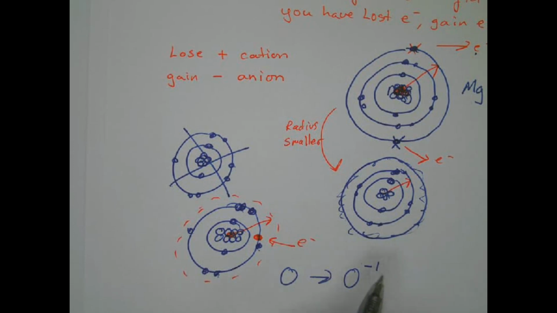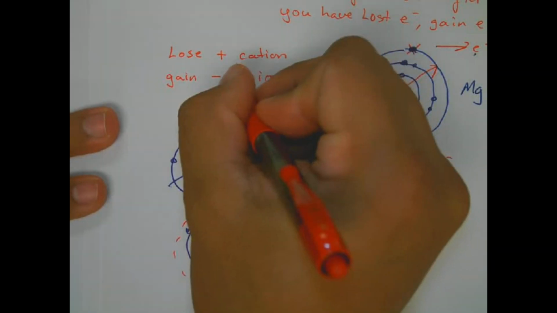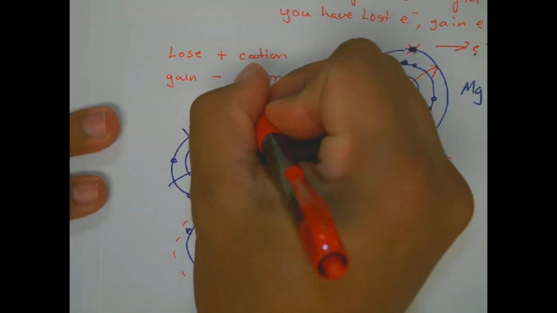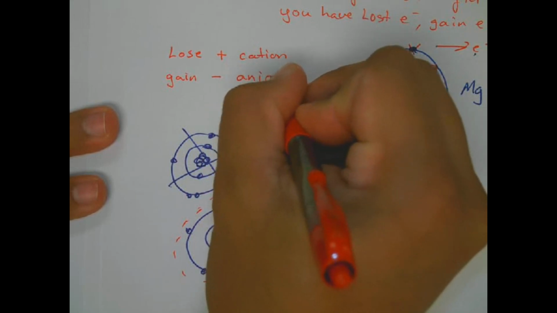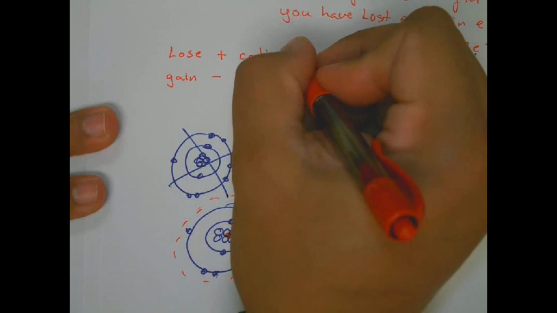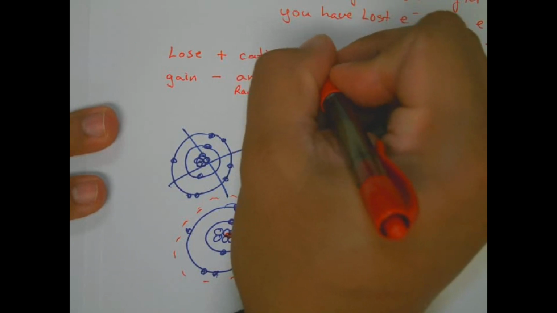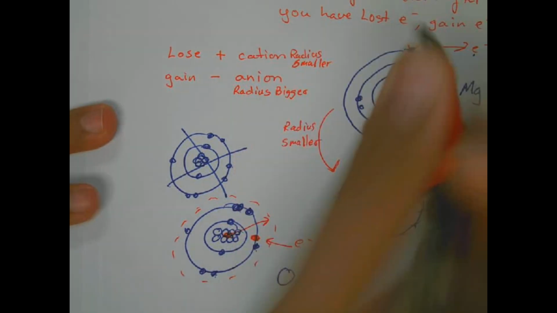radius gets smaller, right? So let's add this to my notes right here. When you gain an electron, your radius gets what? Bigger. When you lose an electron, your radius gets smaller.